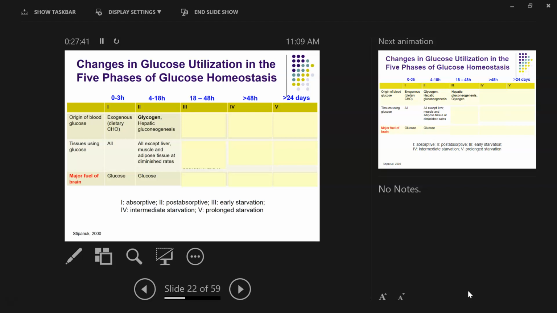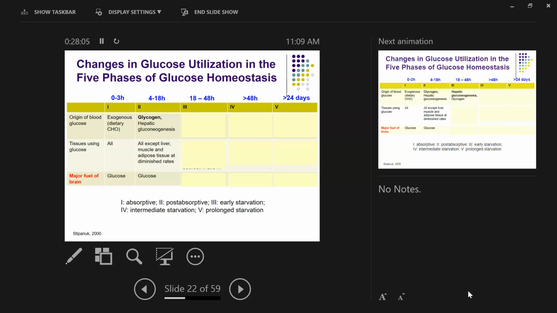18 to 48 hours after a meal, right? So starvation for 18 or 48 hours. What are the sources of blood glucose? What do you expect during this phase? See, the 18 hour time point is an important time point, right?